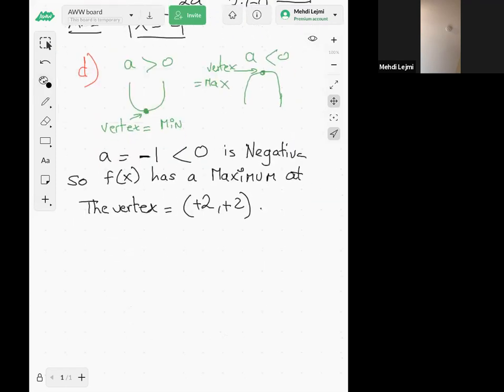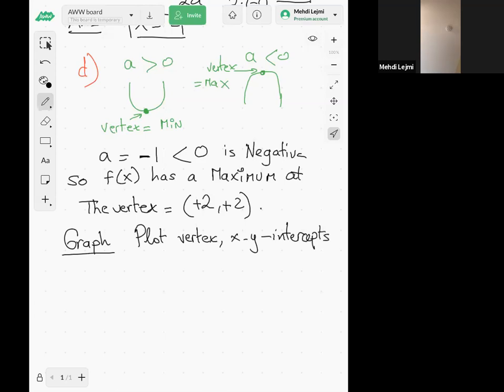To graph f of x, you have to plot the vertex and the x and y intercepts.